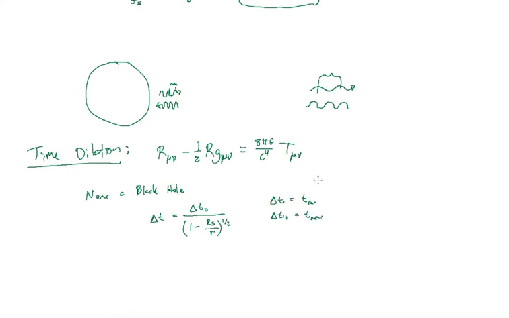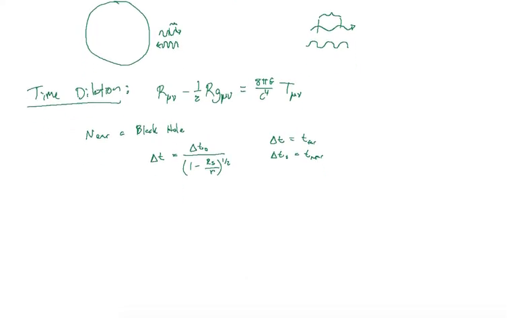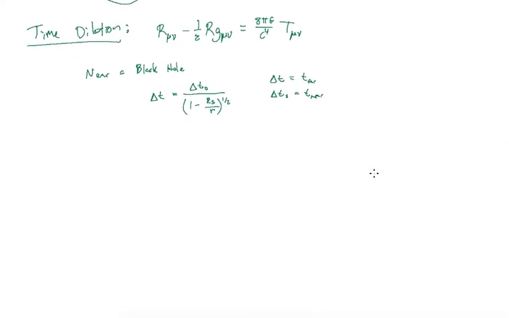Let me draw you a picture of how this would really work. You would have to have someone way out here. Over here we have our black hole, and r_s. r_s is called the Schwarzschild radius, and it's basically the radius of the event horizon.